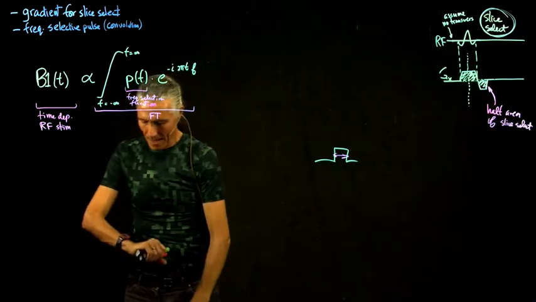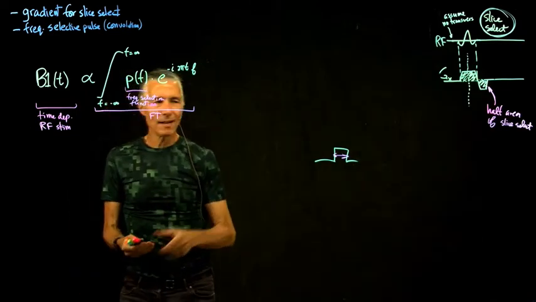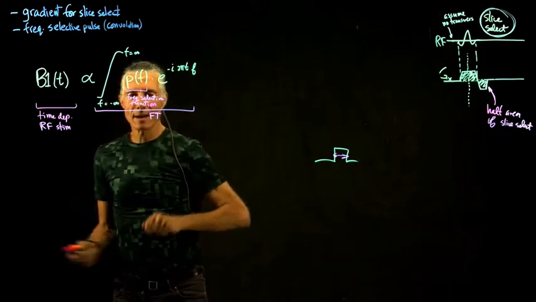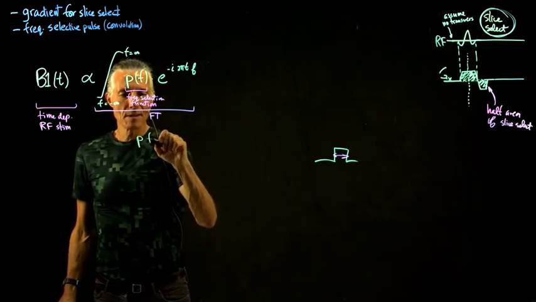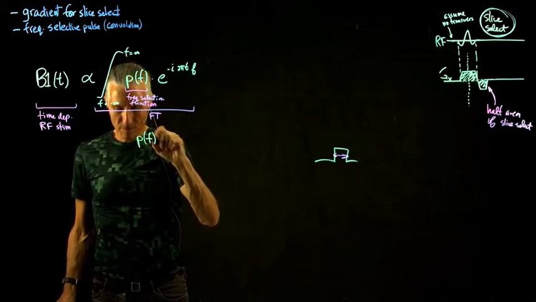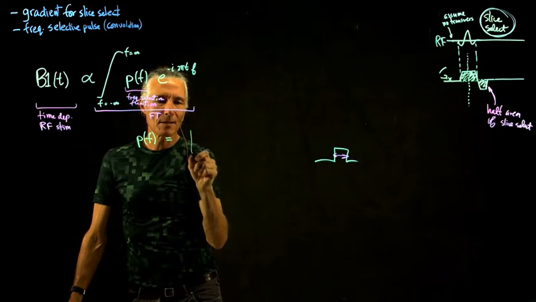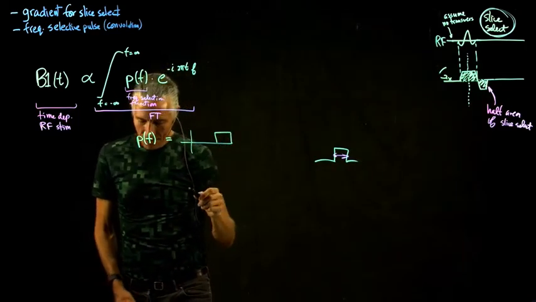So if we solve this with the assumption that our probability of a particular frequency is equal to something that looks like this. So there's two things here.